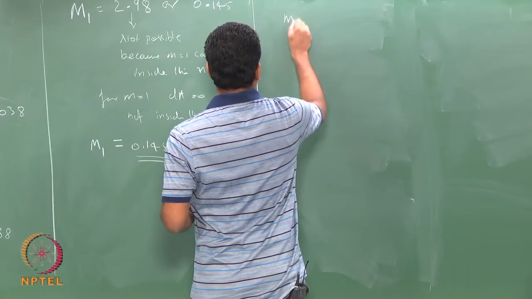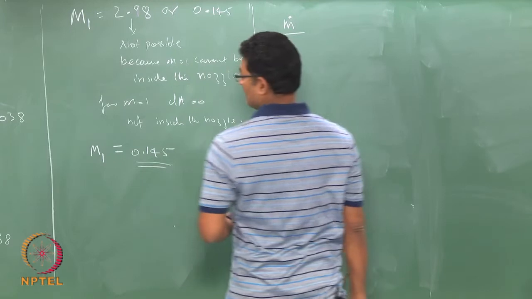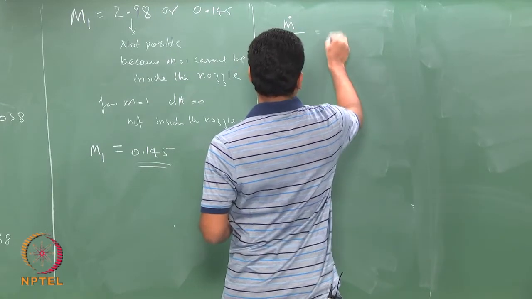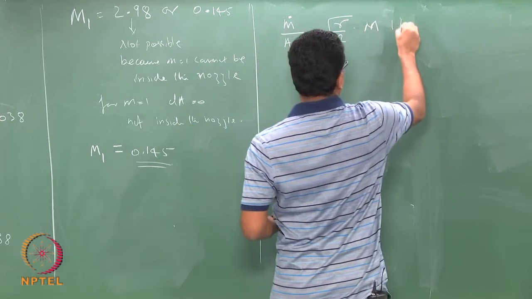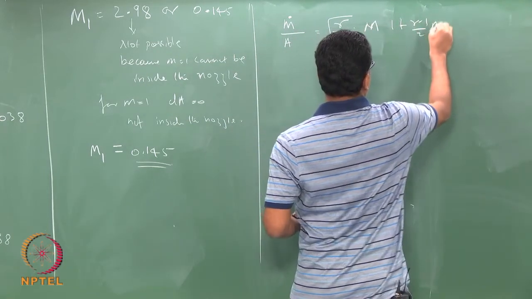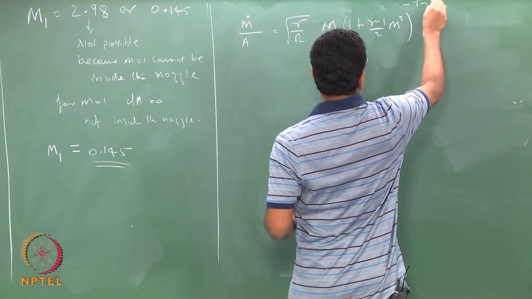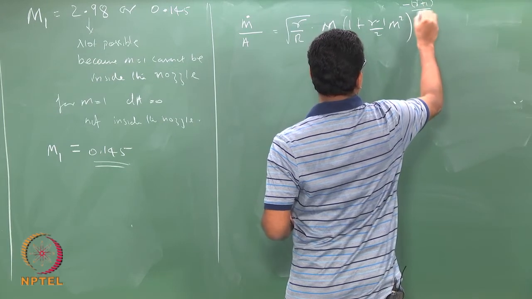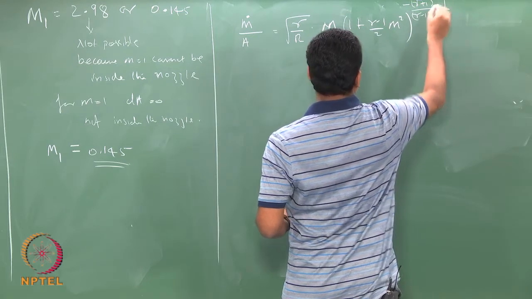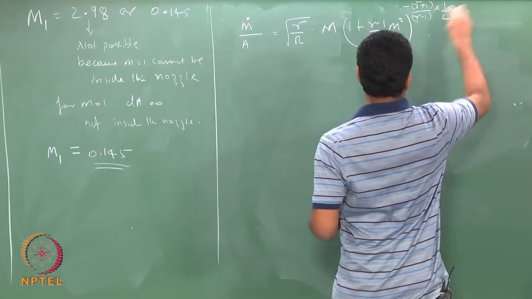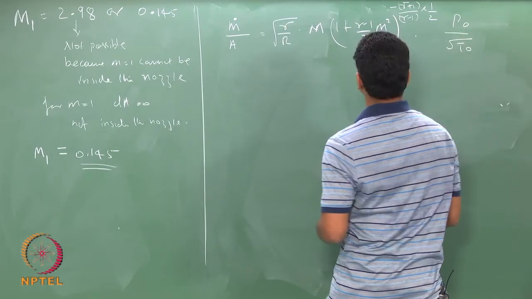So, my mass flow rate by area, which is my mass flux, is given as root of gamma by R into M into 1 plus gamma minus 1 by 2 M square to the power minus gamma plus 1 divided by gamma minus 1 into 1 by 2, into P0 by root of T0.